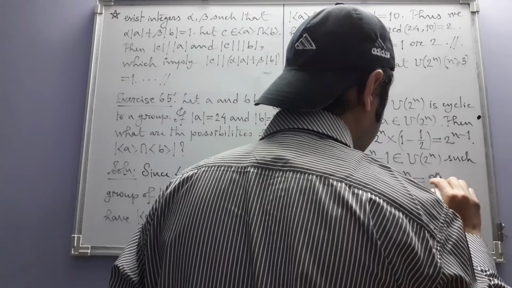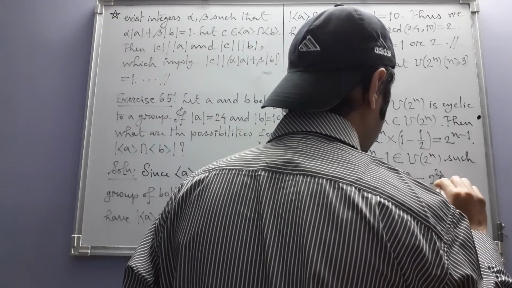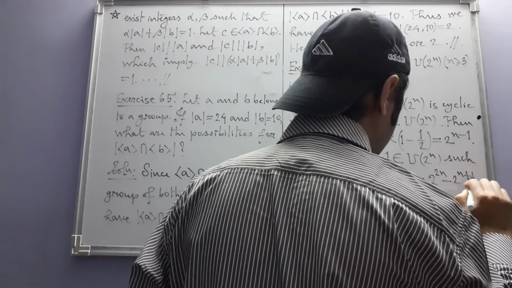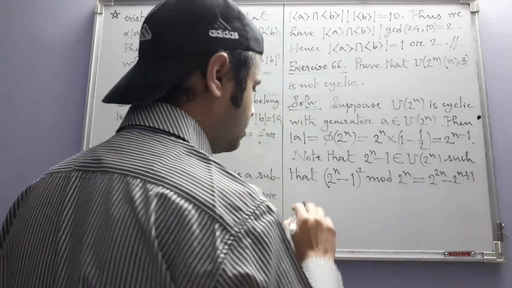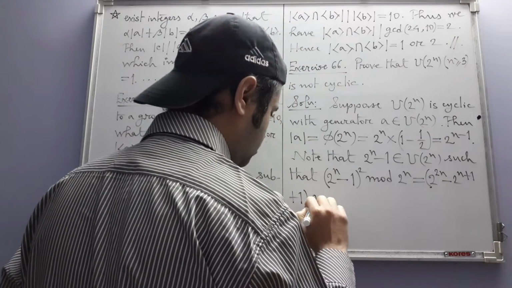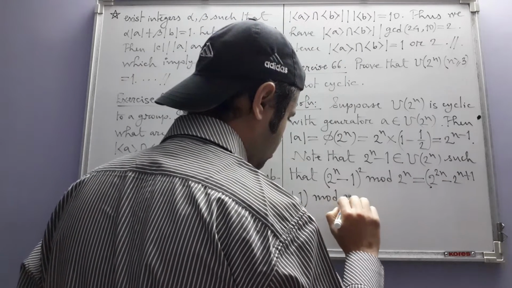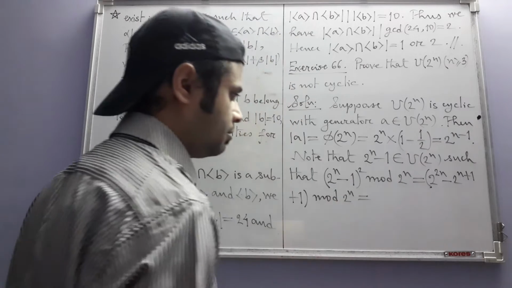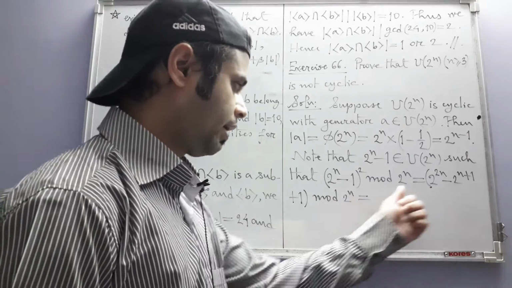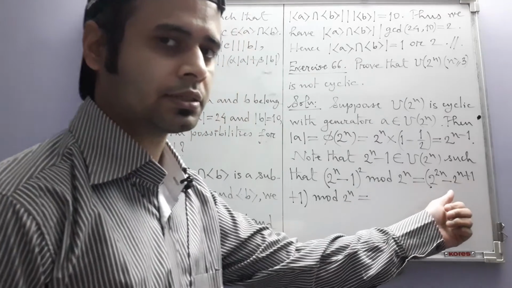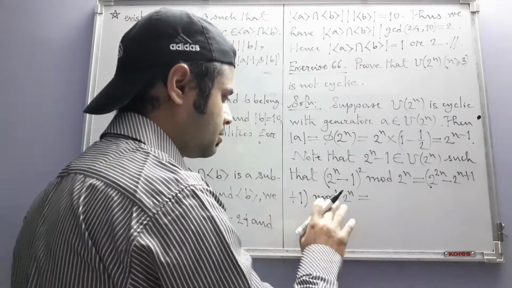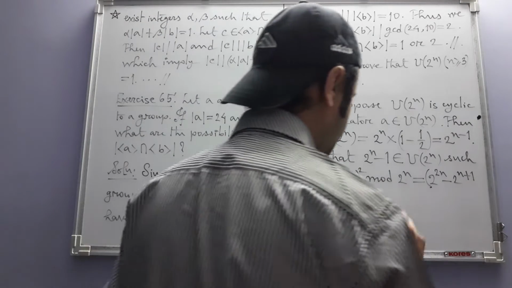Expanding using binomial theorem, it is 2 to the power 2n minus 2 times 2 to the power n plus 1, mod 2 to the power n. Since we have 2 to the power n here in these terms, they contribute 0 when we calculate the mod.